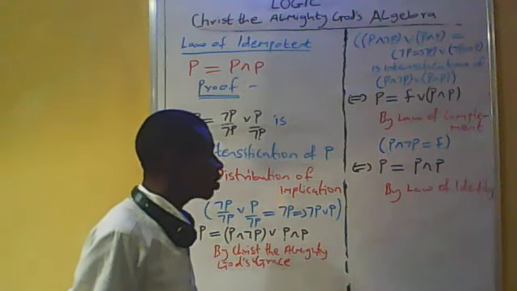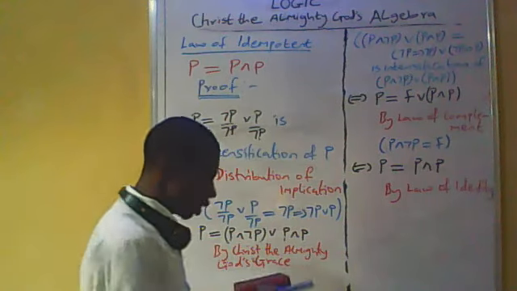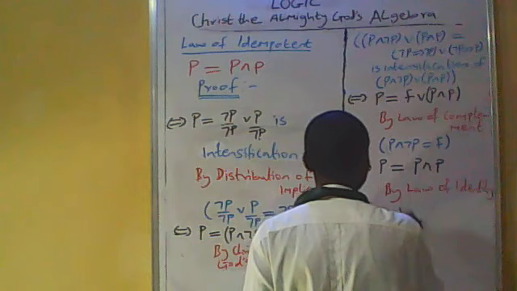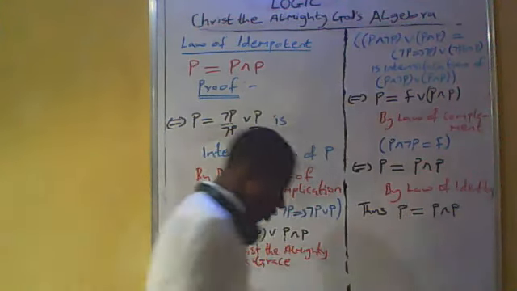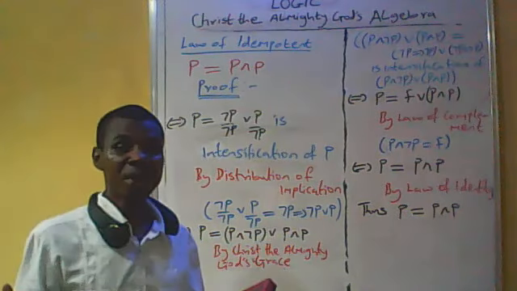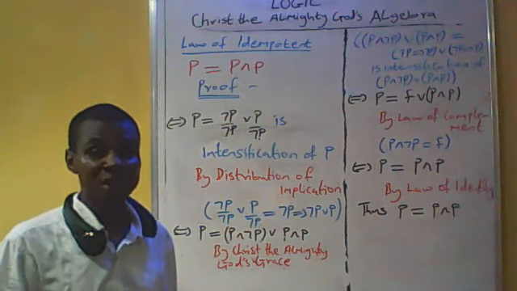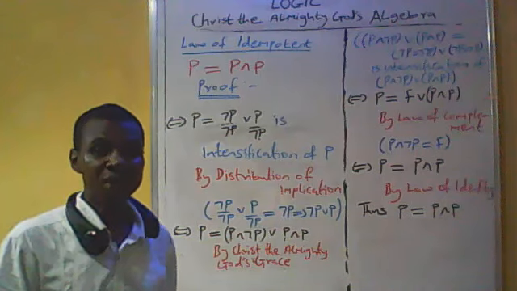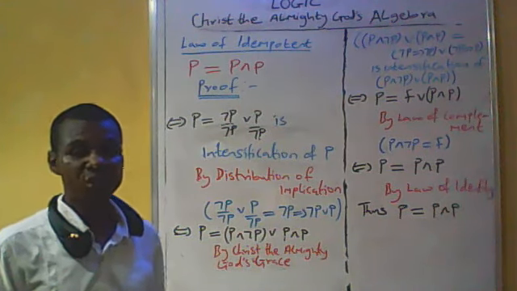So we conclude, we say, thus P is equal to P and P. Since the statement is law, it is logically equivalent. We are going to prove the converse so that we can establish, by the principle of extensionality, that P is equal to P and P is the law of idempotence.